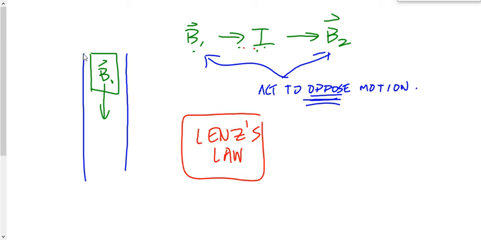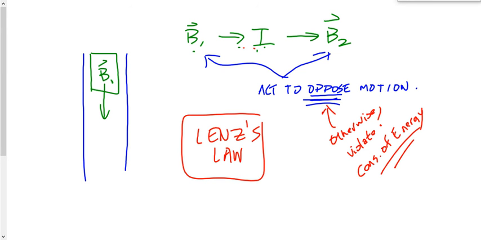Why do they always act to oppose each other? Look, you get two magnetic fields. Why can't they ever attract each other? It has to be an opposing force. Otherwise, it would violate the law of conservation of energy. I mean, think about that for a second here.